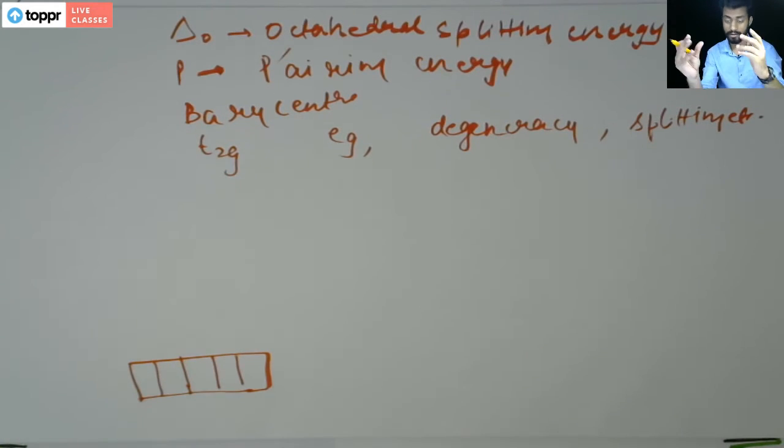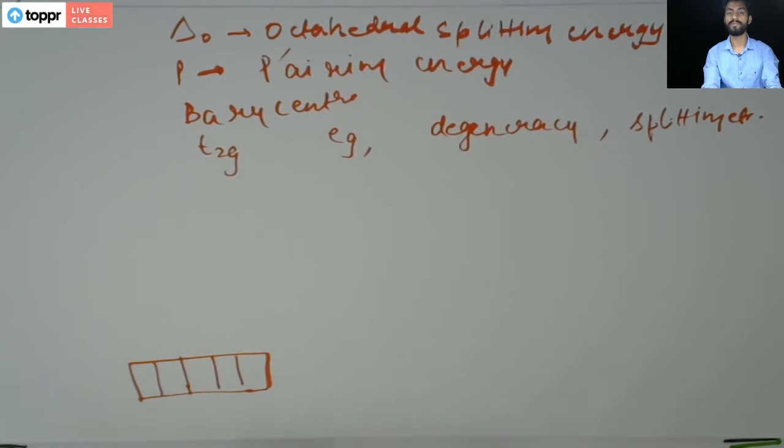Now as the ligands approach the central metal atom, we are considering the ligand as a point charge or a dipole, and in the case of neutral molecules, the negative part of the dipole will approach the central metal atom. Please make note of this point. The negative part of the neutral molecule will approach the central metal atom.